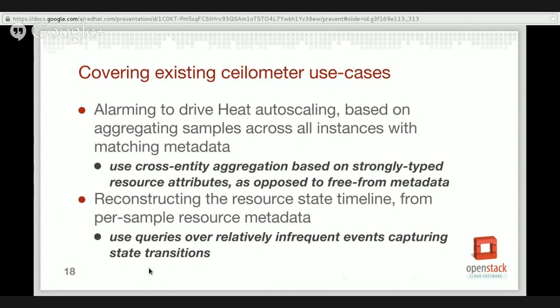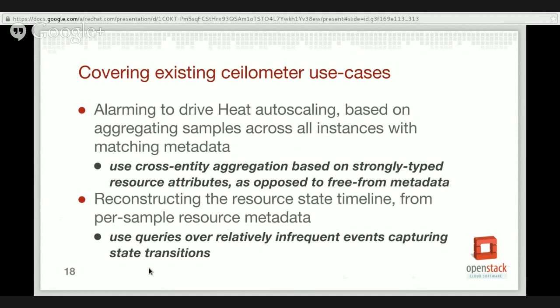So a key issue that we're concerned with would be that we could continue to have Ceilometer alarming driving heat autoscaling. So heat autoscaling is, I suppose, the motivating use case for Ceilometer alarming. That's the reason why we actually support the alarming feature. So clearly we didn't want to break heat and leave that high and dry.